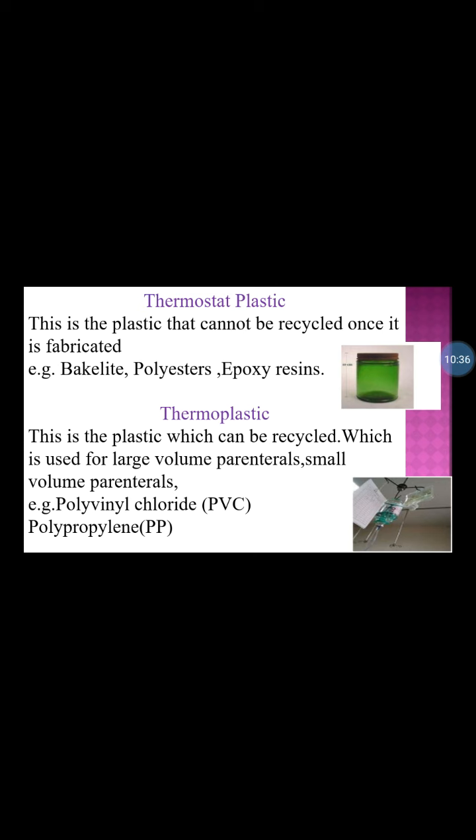Bakelite, polyesters and epoxy resins are examples of thermoset plastic. Second is the thermoplastic. This is the plastic which can be recycled, which is used for large volume parenterals and also for small volume parenterals. Examples are polyvinyl chloride or polypropylene.